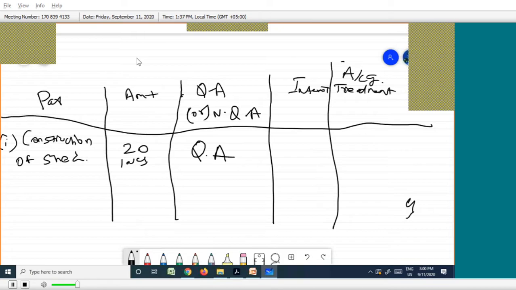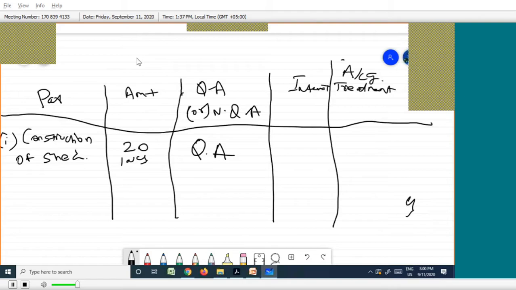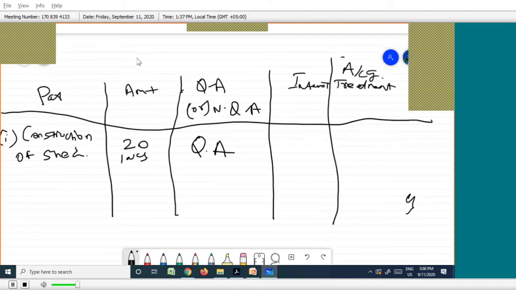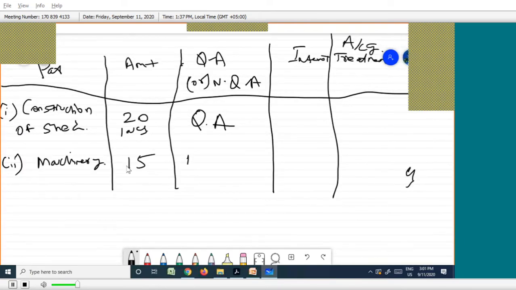Then what is the next item? Next item, I think, machinery, 15 lakhs. Qualifying or not qualifying? NQA. NQA is not a qualifying asset.